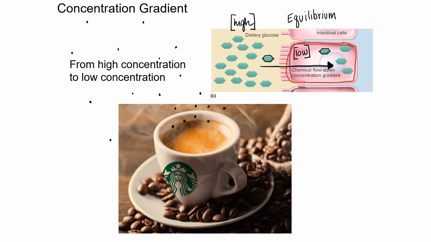But over time, these molecules will move out from an area where lots of them are, over the coffee cup, to an area where very few of them are. Unfortunately, the same goes for carbon dioxide in soda, which is why it always goes flat.